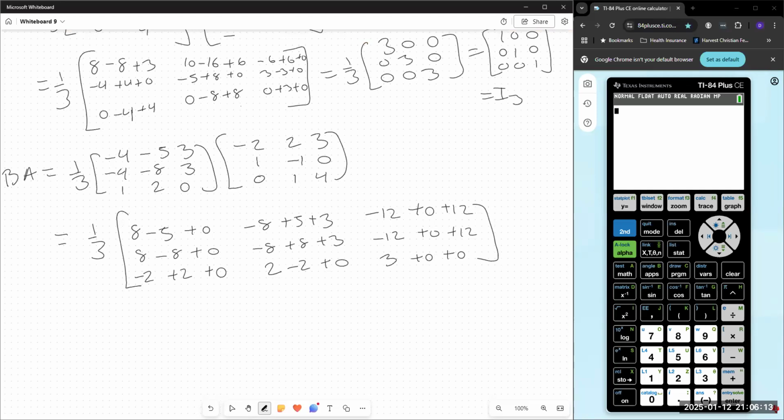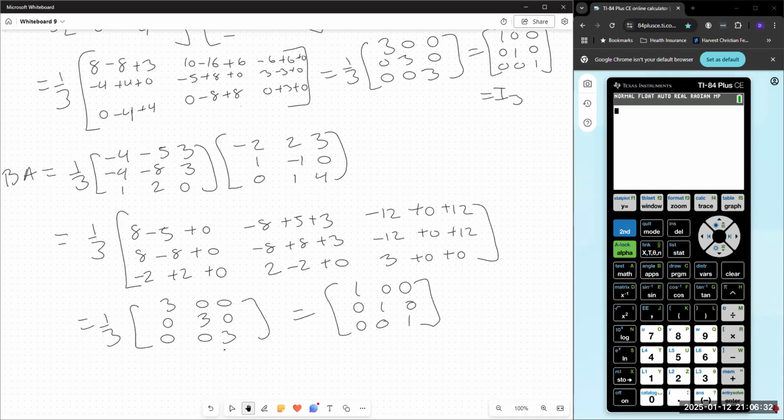That is equal to 1/3 of [3, 0, 0; 0, 3, 0; 0, 0, 3], which is equal to [1, 0, 0; 0, 1, 0; 0, 0, 1].